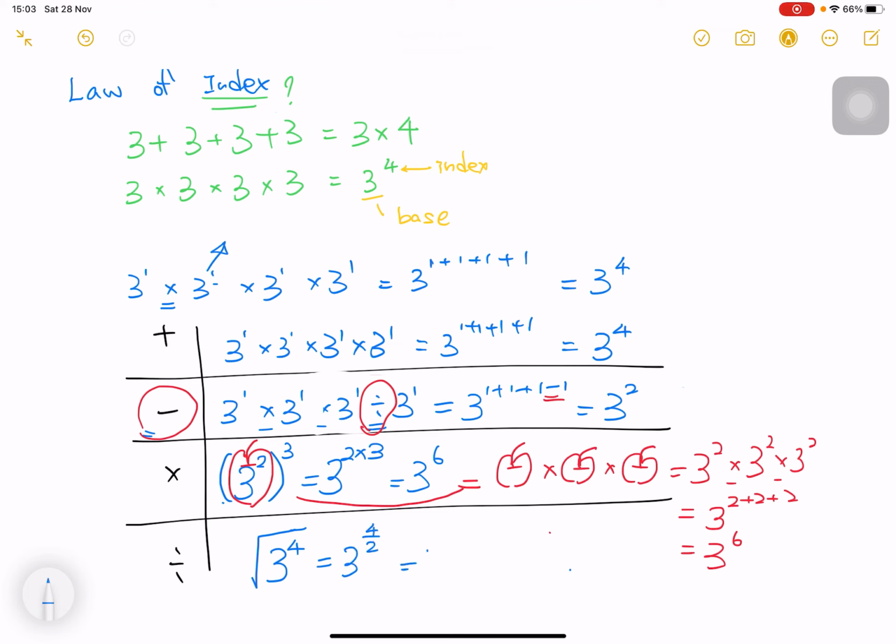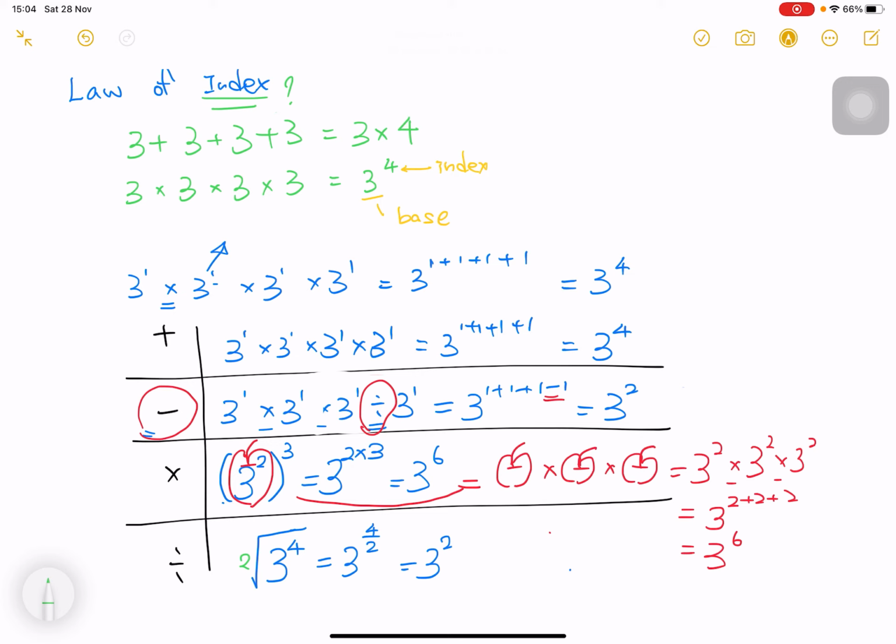And then you can find out the answer, there is a 3 to the power of 2. So why is it divided by 2? Because if it is the root of it, there's nothing here, and then it will represent 2. It will have the small 2 here, but in the root here, you don't want to write it down because 2 is the general part here. You don't need to write down 2 here.